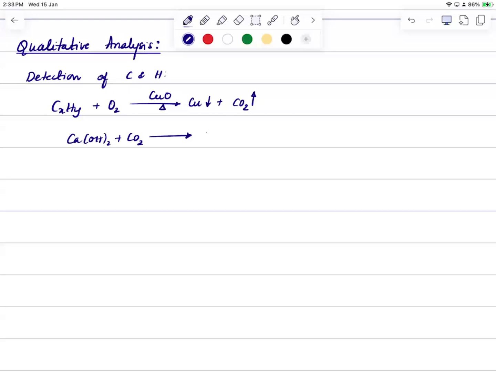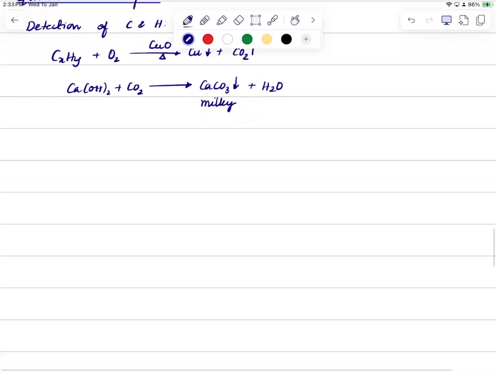Clear? If it forms a milky appearance, basically milky lime, then carbon dioxide is present. At the same time, every hydrogen that is present here will convert into H2O.